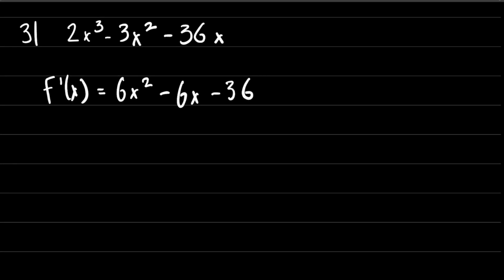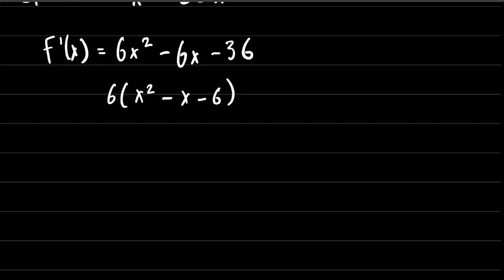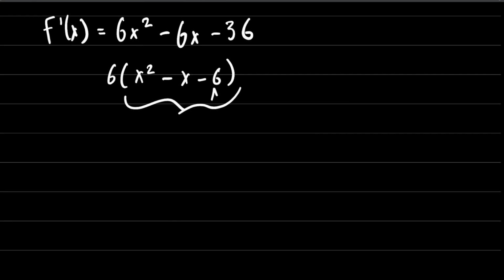I have a common factor of 6 in here, so I can factor out the 6 to get x squared minus x minus 6. Then we try to factor this. We need something that multiplies to this and adds to this, which in this case gives 6 times x minus 3 times x plus 2.